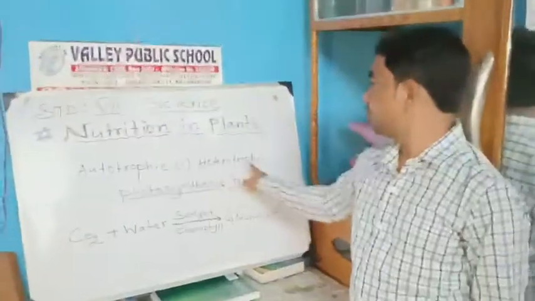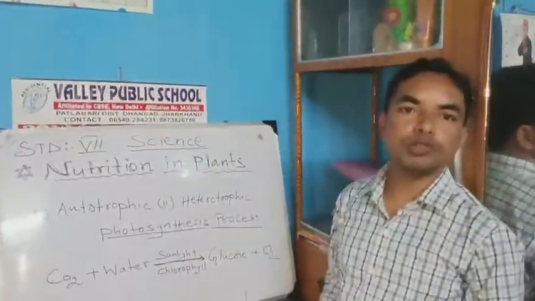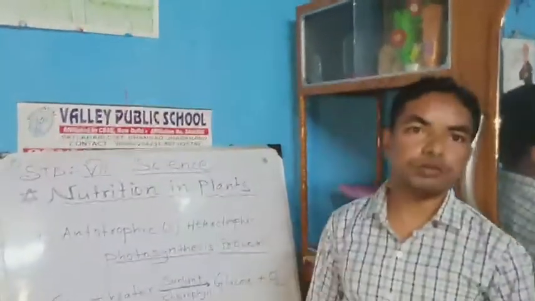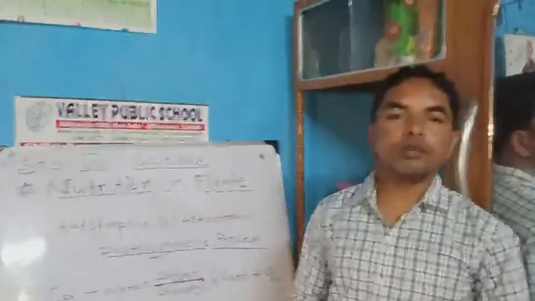Now heterotrophic. What is heterotrophic? It is a kind of nutrition where an organism depends on other plants or animals for its nutrition.